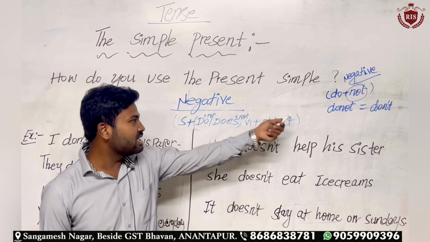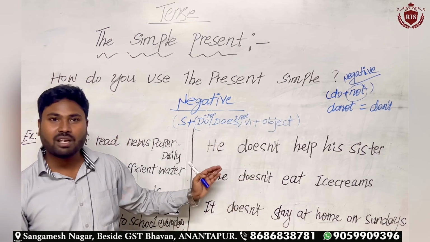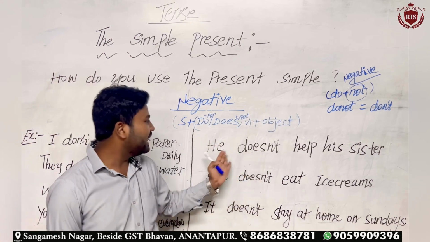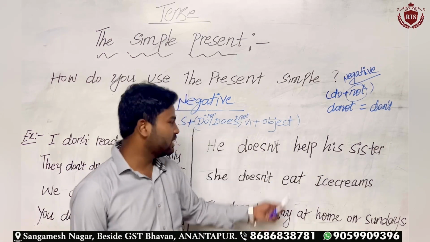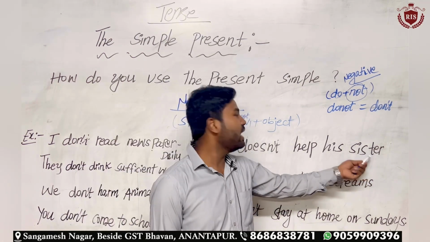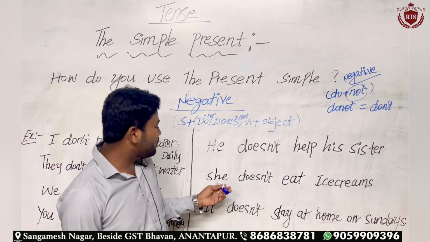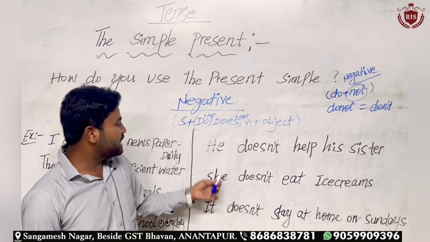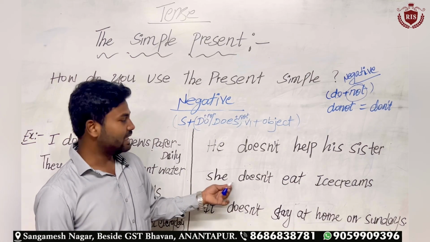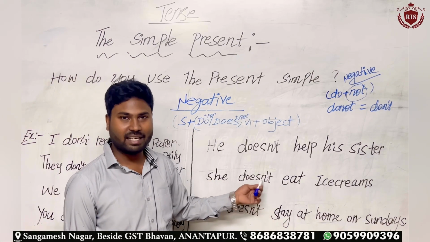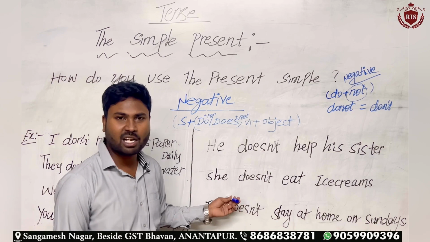Does plus not is does not, and the contractive form of does not is doesn't. He doesn't help his sister. The object is placed as usual. Look at the second example, she is the subject here, next doesn't. Even here we have taken doesn't because the pronoun is she.